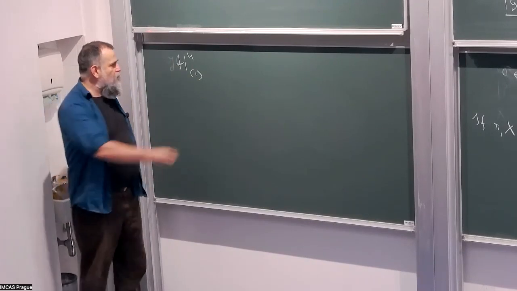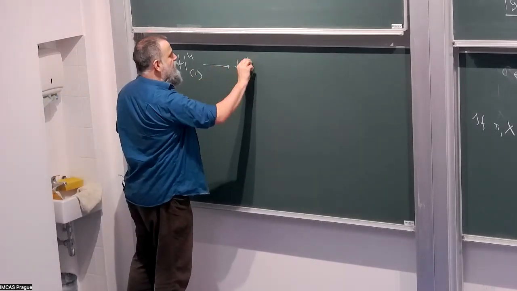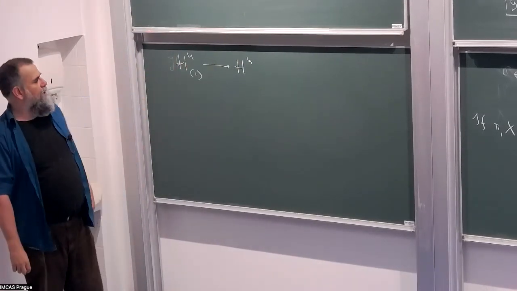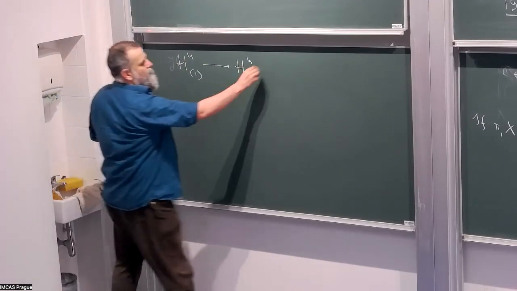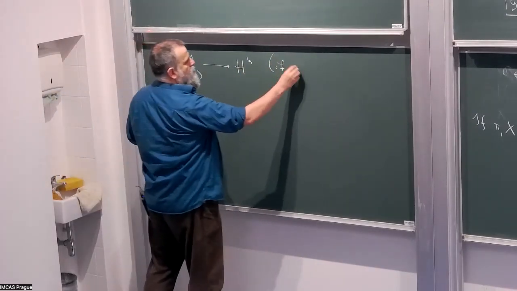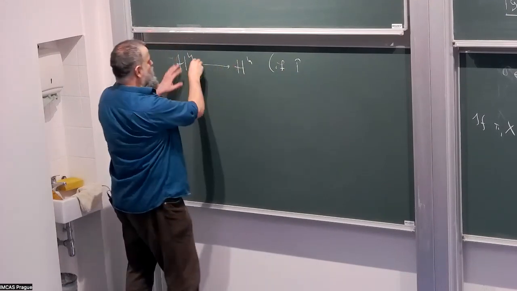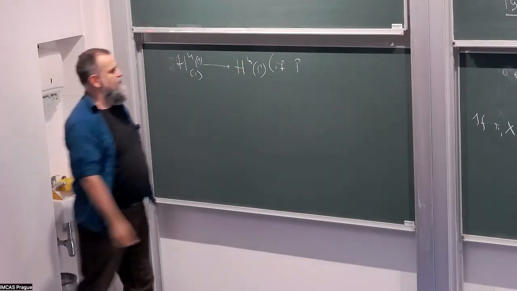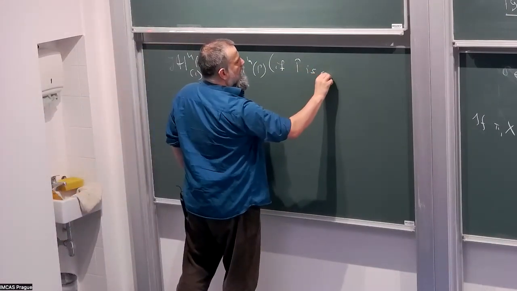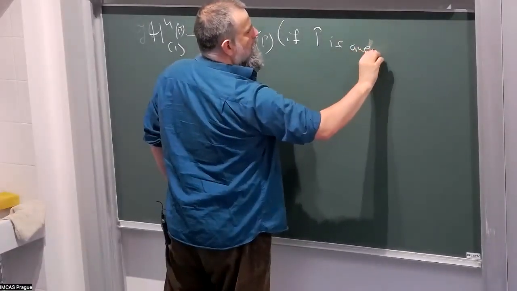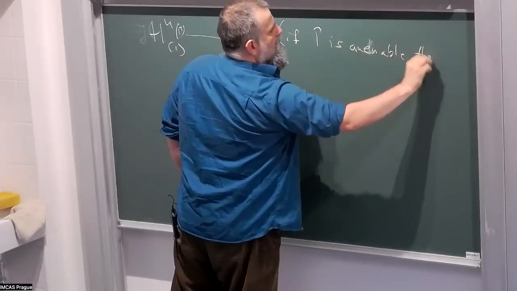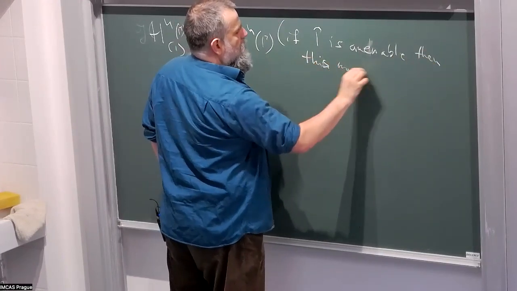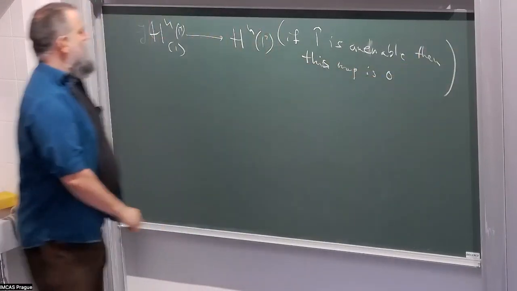Okay, and you have a comparison map to Hn, and what I said on this blackboard tells you that if gamma, this is the group on which I'm considering my cocycles, if gamma is amenable, then this map is 0.